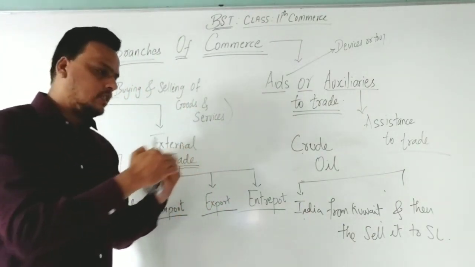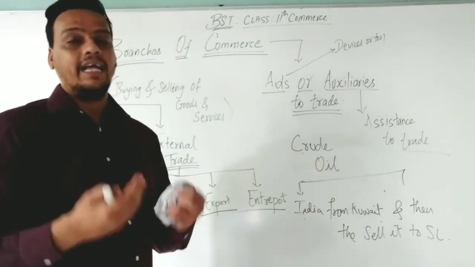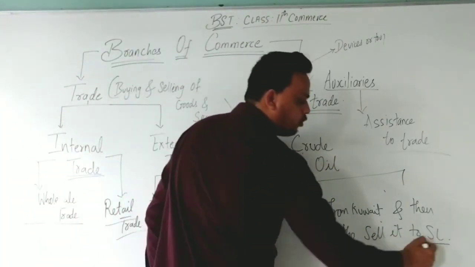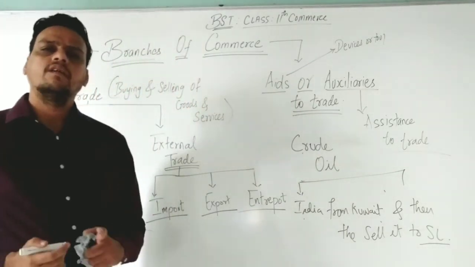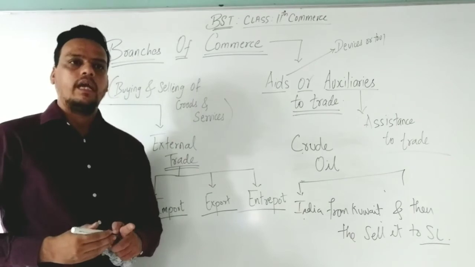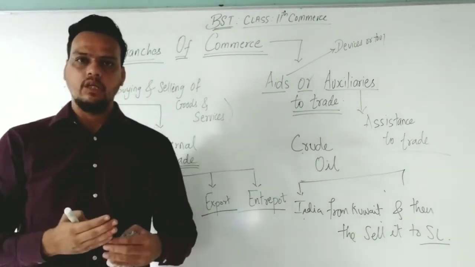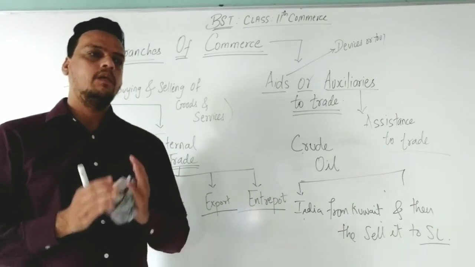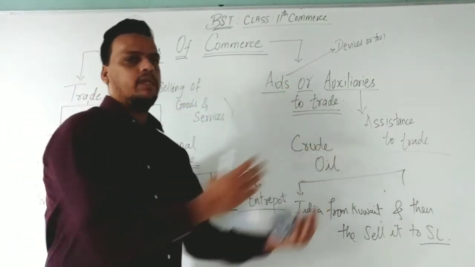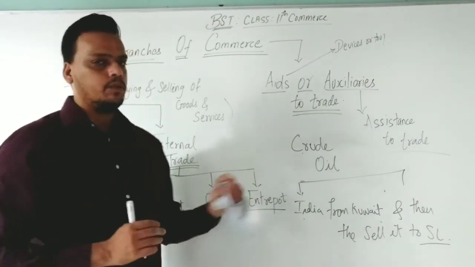Once it reaches India, then they are doing certain modification or they directly sell that product to Sri Lanka. It is considered as interport. इंटरपोर्ट में क्या होता है कि आप गुड्स बाहर से मंगाते हो, उसके अंदर थोड़े से चेंजेस करते हो और चेंजेस करने के बाद में उसको दूसरी कंट्री को वापस भेज देते हो, उसको आप अपनी कंट्री में यूज नहीं करते, उसको कहते हैं इंटरपोर्ट.